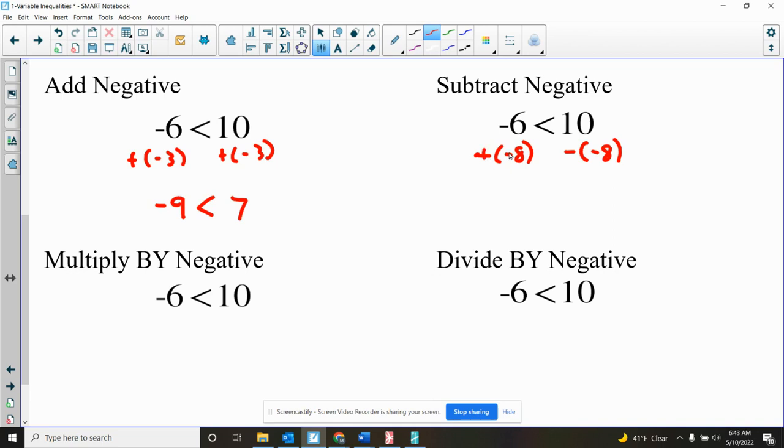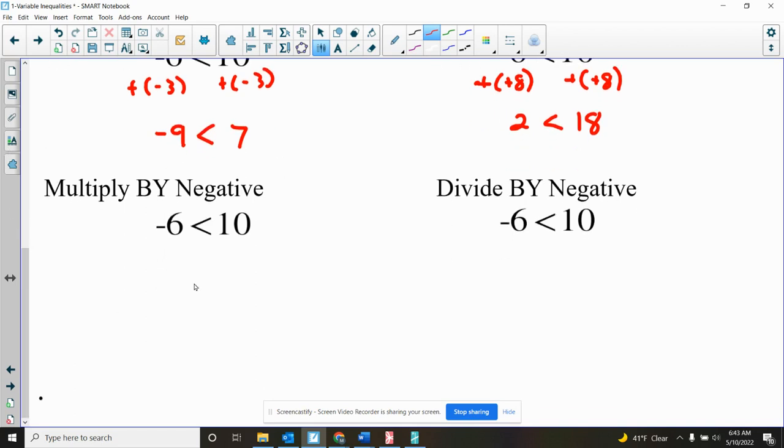Minus a negative is the same thing as plus a positive. So -6 plus 8 is +2. 10 plus 8 is 18. To keep this statement true, I want to say 2 is less than 18. So notice, we started with a less than, we ended with a less than.